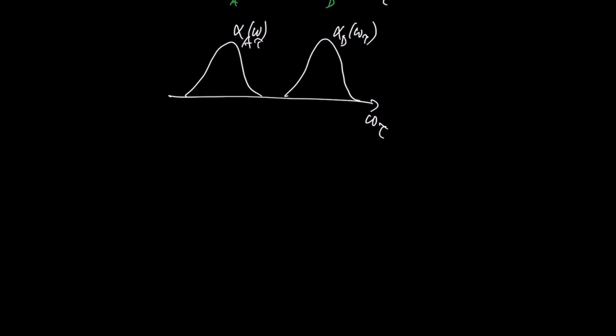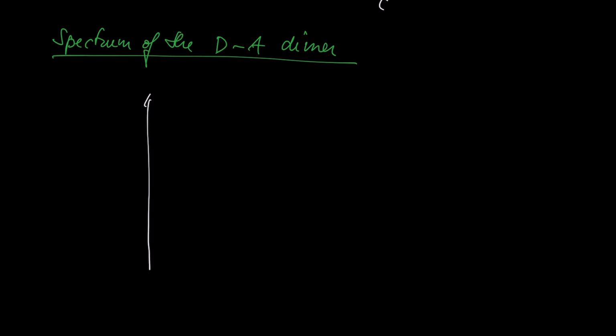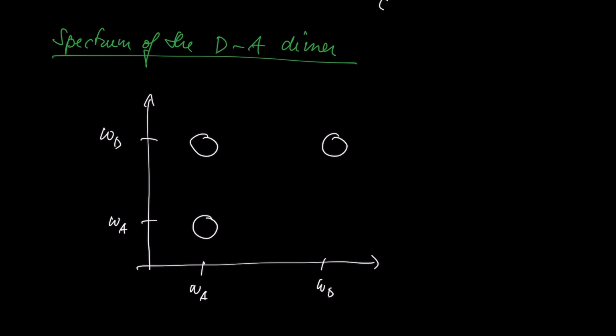So let's now construct really the particular spectrum that we are after. So the spectrum of the donor-acceptor dimer. This already is the particular case that we are investigating, so let's draw again the same axes, omega A, omega D, omega A, omega D. So now we will just draw 4 spots, and let's write next to these spots what signals we expect to see.